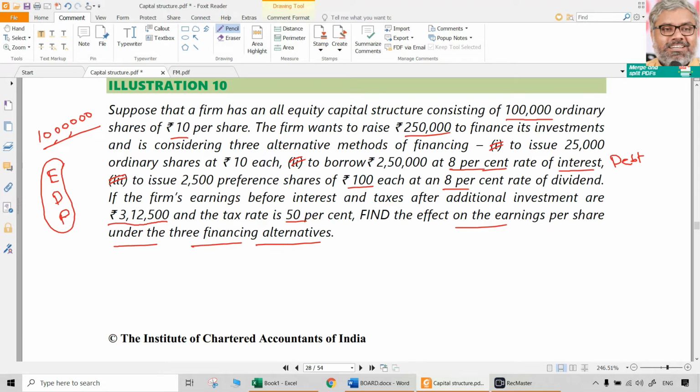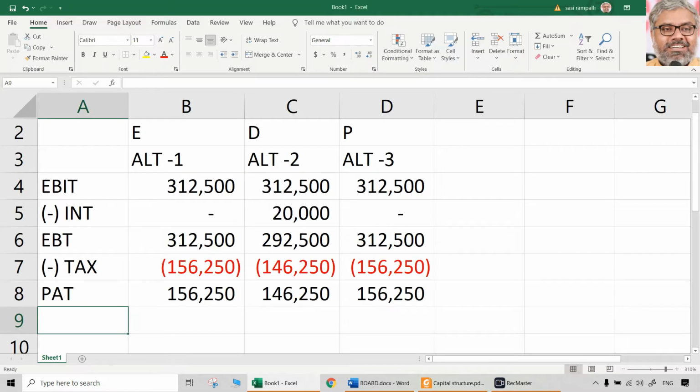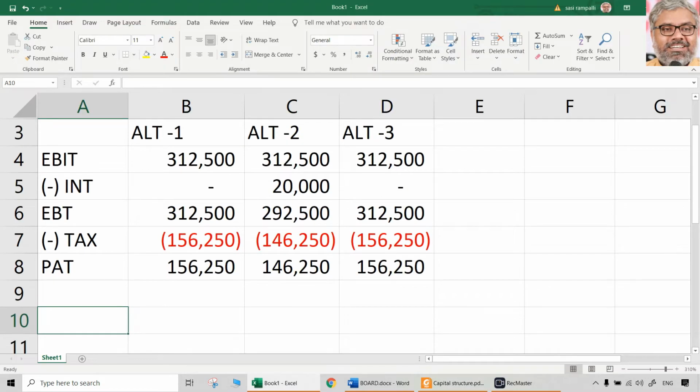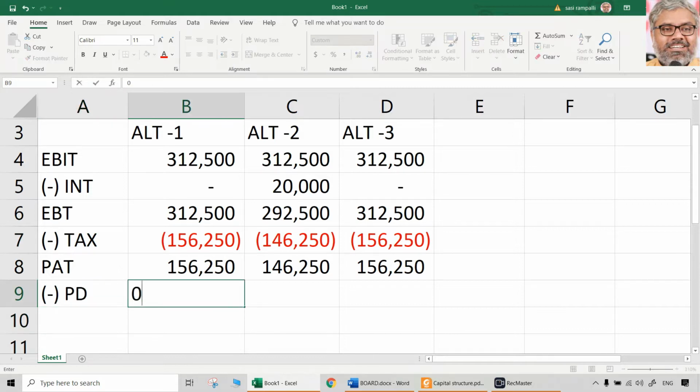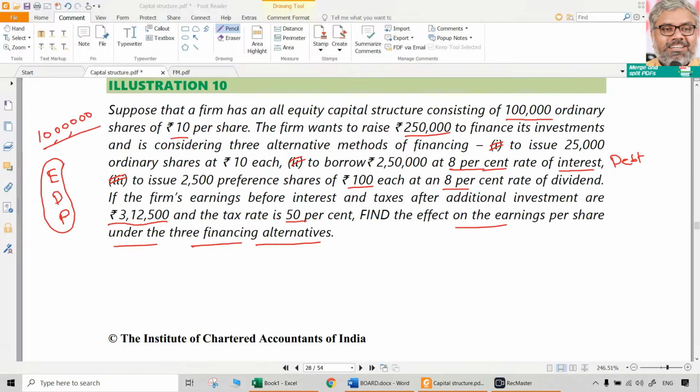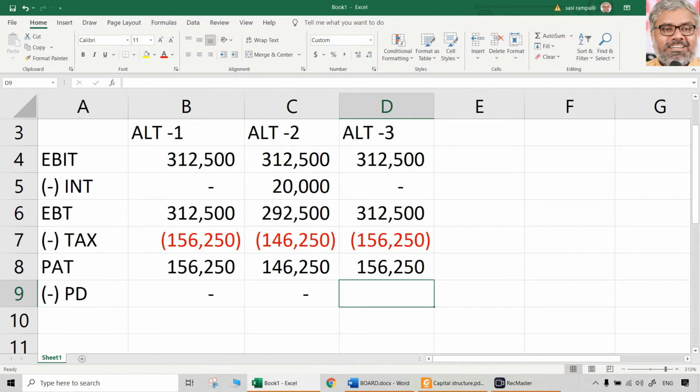Now, in case of first alternative, there is not going to be any preference dividend. Second alternative also there is no preference dividend. But third alternative there will be preference dividend. So, what is going to be the preference dividend? As given in the question, 2,500 preference shares of 100 rupees each, means same 2,50,000 is raised with preference shares issue. 8% on 2,50,000 is once again 20,000.